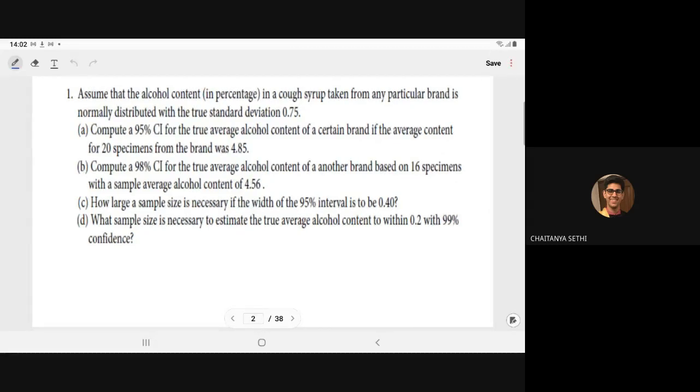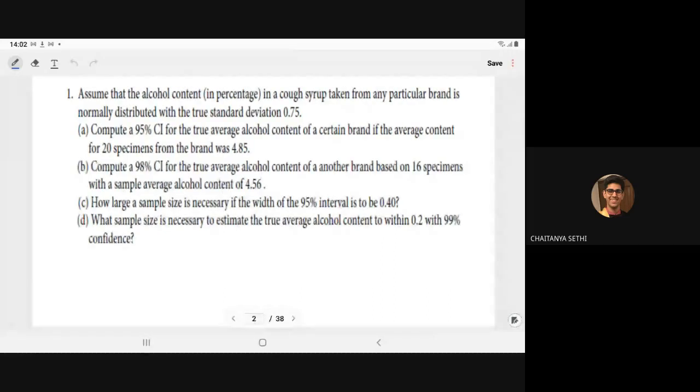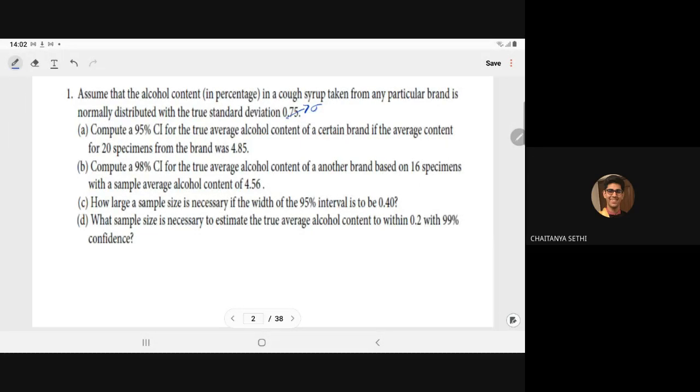So the information is given about the cough syrup having alcohol content, and alcohol content is continuous and follows the normal distribution, and here the standard deviation is known to you, 0.75. What is known to you is denoted as sigma. Now here, compute the 95% confidence interval. CI stands for confidence interval.